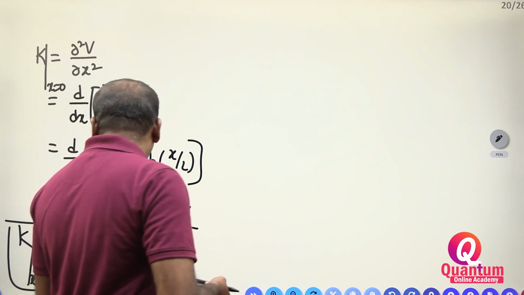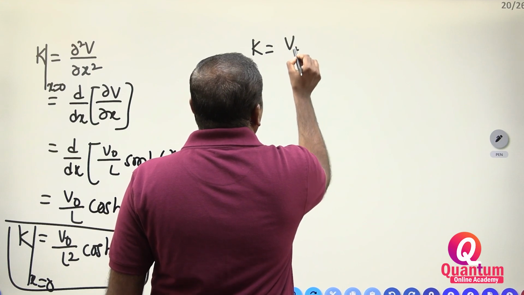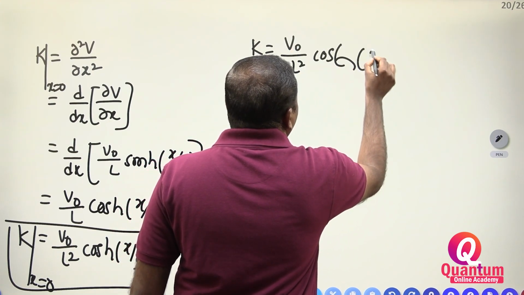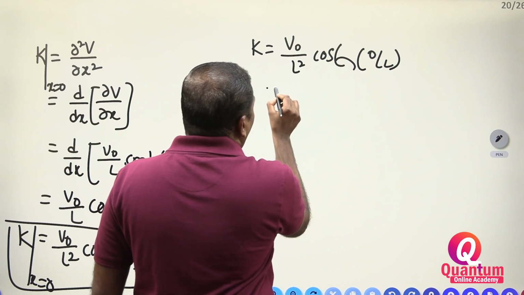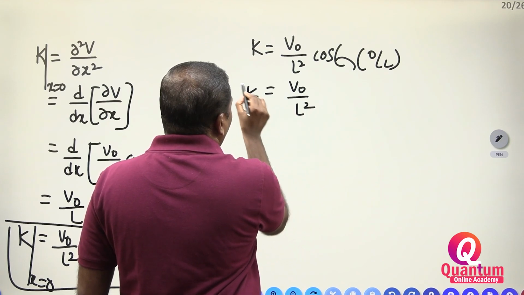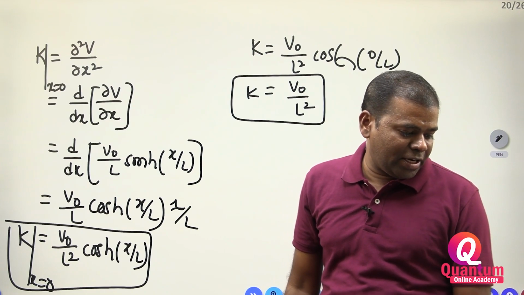Therefore at x equal to 0, k is equal to V naught by L square into cos h 0, and cos 0 is 1. So k is equal to V naught by L square.